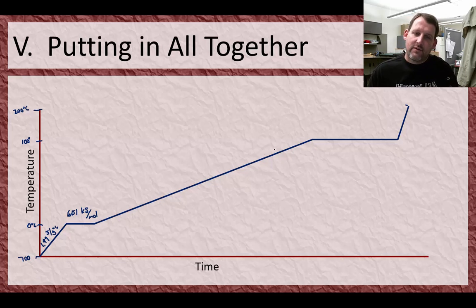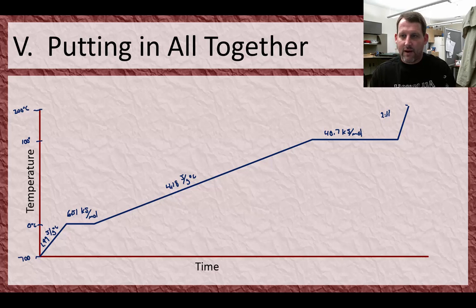So we need to know the number for water, which is 4.18 joules per gram degree Celsius. And across here is the heat of vaporization, and that's going to end up being for water 40.7 kilojoules per mole. And then this part is steam, and we need the number for steam, which is 2.1.